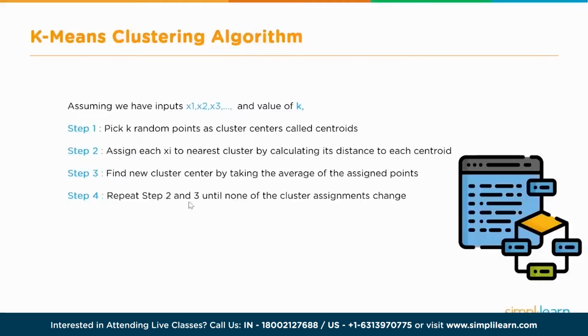So we again calculate the distance of x1 from the centroids C1, C2, C3, and then see which is the lowest value and assign x1 to that. Calculate the distance of x2 from C1, C2, C3 or whatever up to Ck and find whichever is the lowest distance and assign x2 to that centroid and so on.